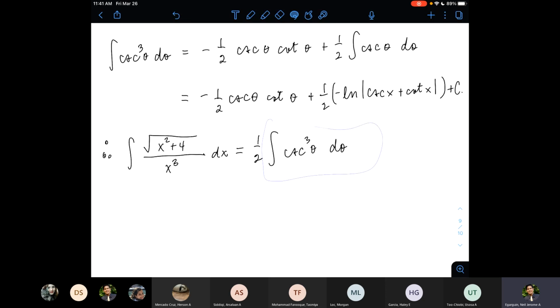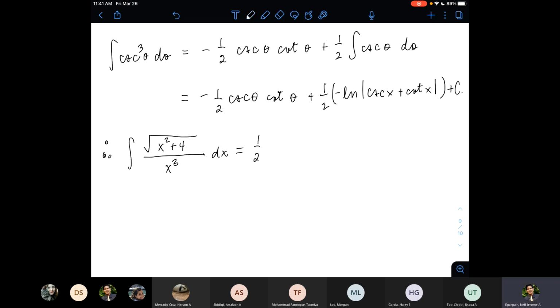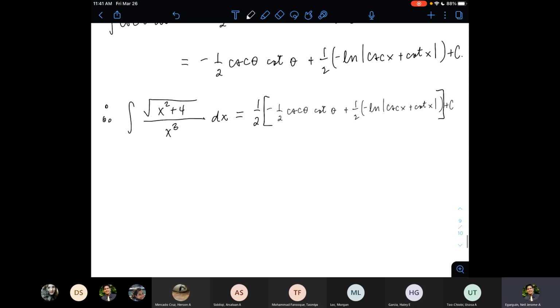This is this guy. Okay, so this would be -1/4 cosecant theta cotangent theta, minus 1/4 ln of the absolute value of cosecant x plus cotangent x plus c.